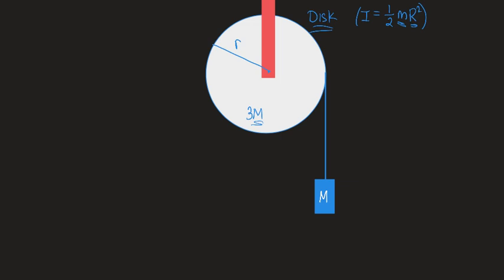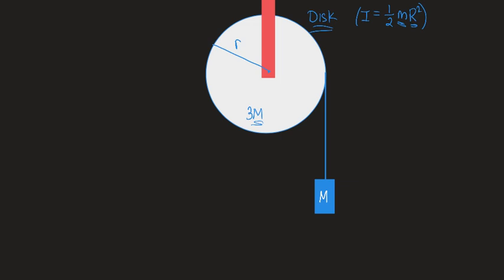We would start by saying the box has gravitational potential energy when it's here, and when the box descends down to here, it has kinetic energy, and the disk has kinetic energy. We've done conservation of energy problems. Not this one, but we've done conservation of energy problems.